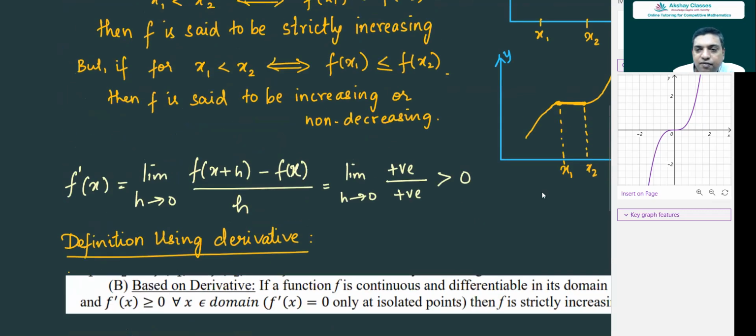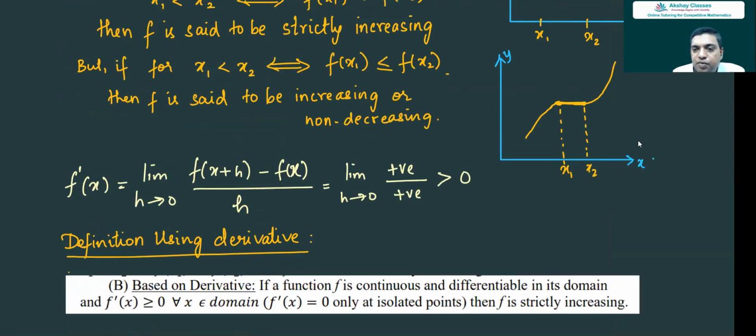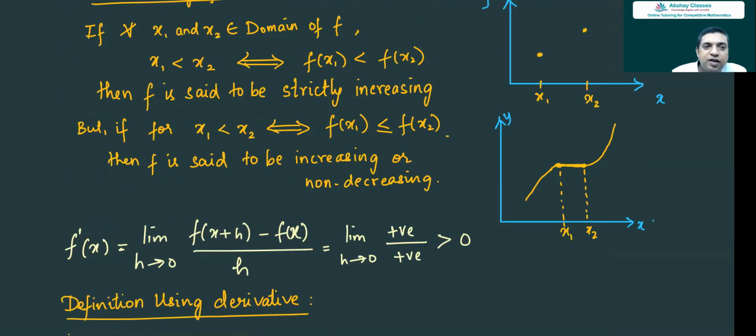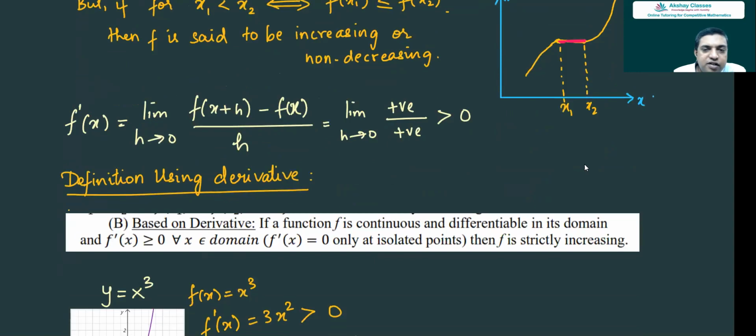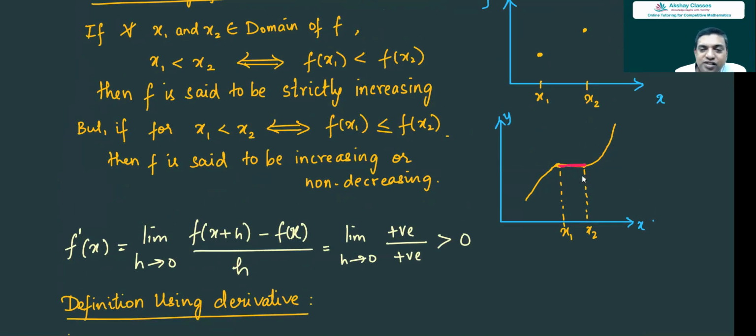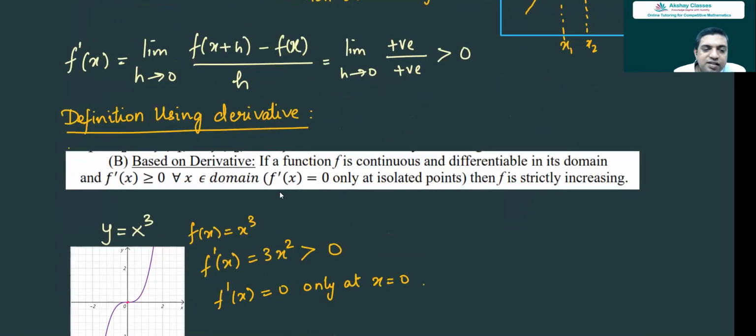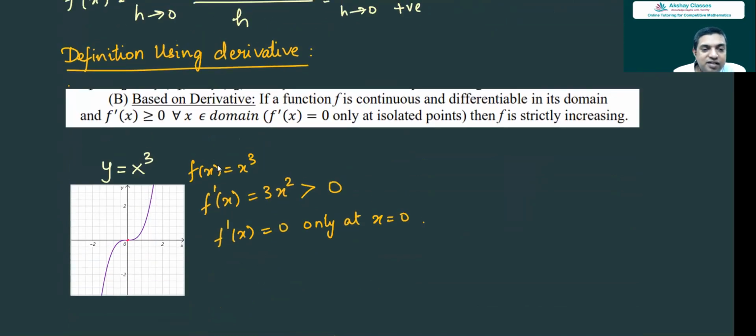The previous graph that I showed here, this one, the derivative is 0 over this interval because you have a horizontal line. Over the entire interval, it is 0. So this is not strictly increasing, whereas this is a strictly increasing function.